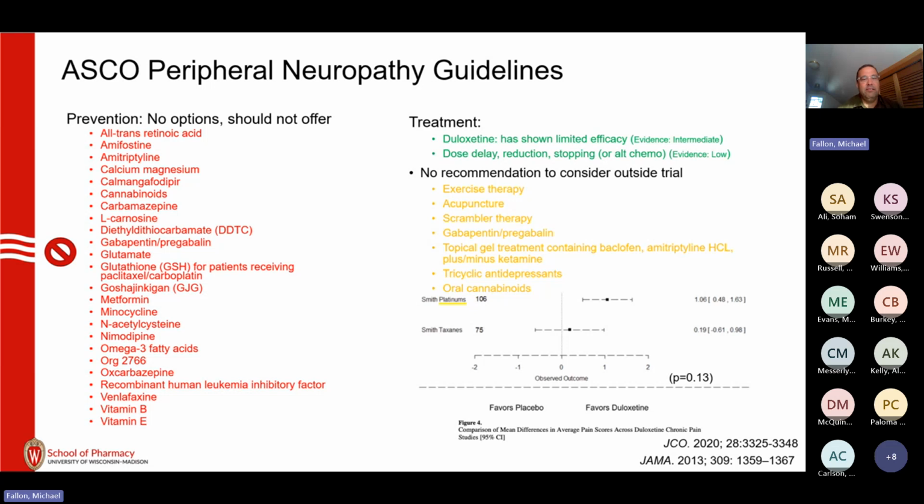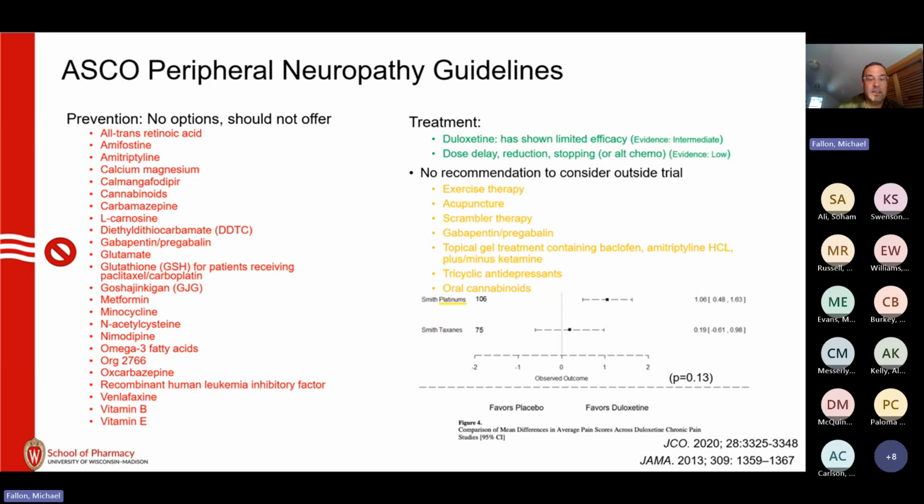It has been looked at significantly. It's one of the most studied adverse effects in cytotoxic chemotherapy, if not the most. So a lot of things have been tried and failed. We do have some evidence for duloxetine. The platinum agent pain favors duloxetine.